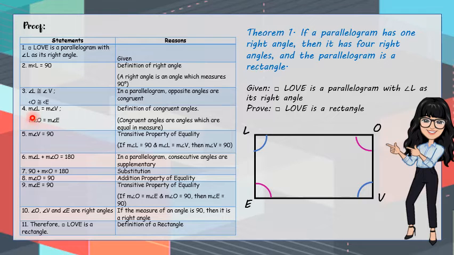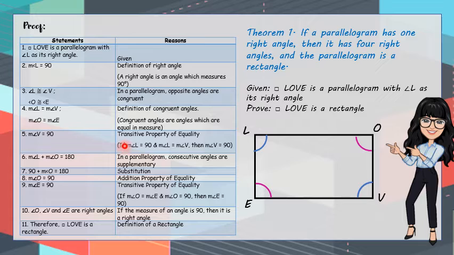Now, measure angle L is equal to measure angle V. And we know that measure angle L is equal to 90 because angle L is a right angle. So therefore, we can conclude that measure angle V is also equal to 90 degrees. If it is not 90, then they will not be equal. So since measure angle L is equal to 90, then measure angle V is equal to 90 degrees.